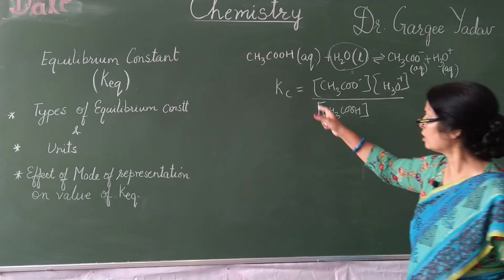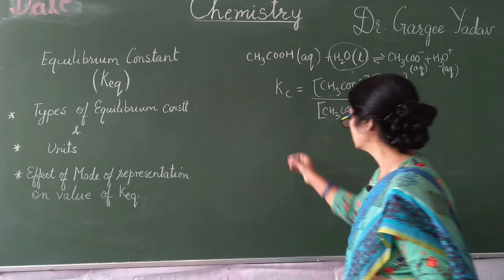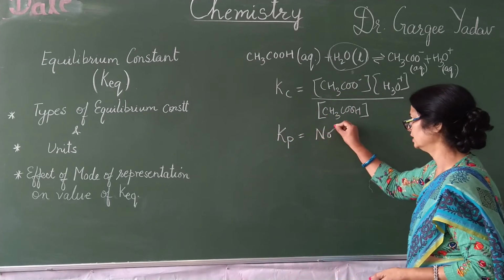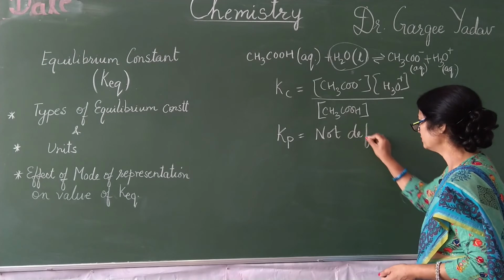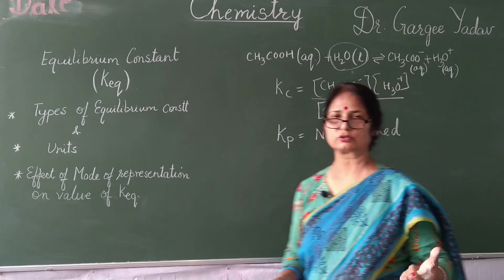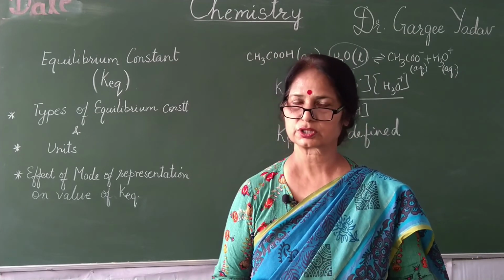Now here also we see that there is no gaseous phase. So here also Kp will not be defined. So in this way we have come to the conclusion that the active mass of solids is always taken as constant.